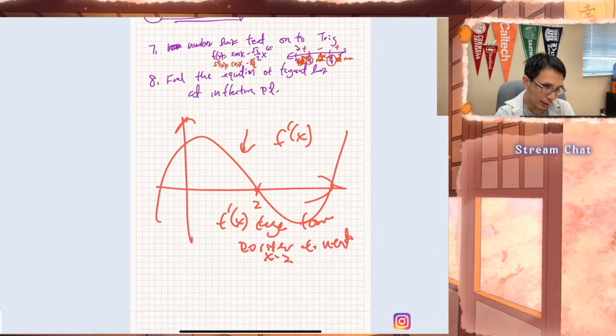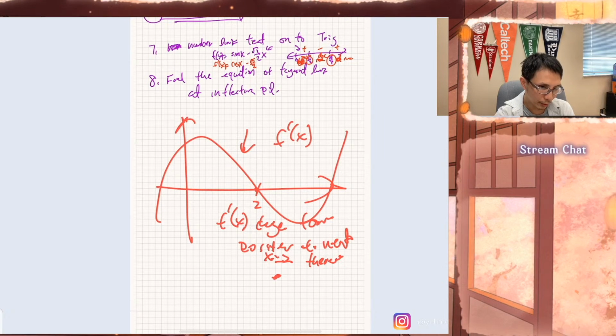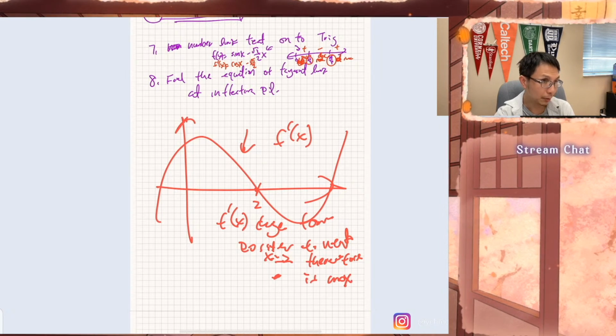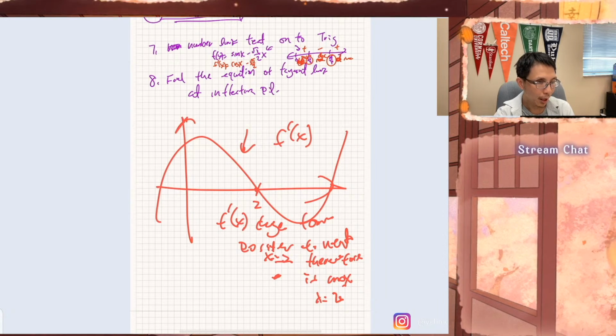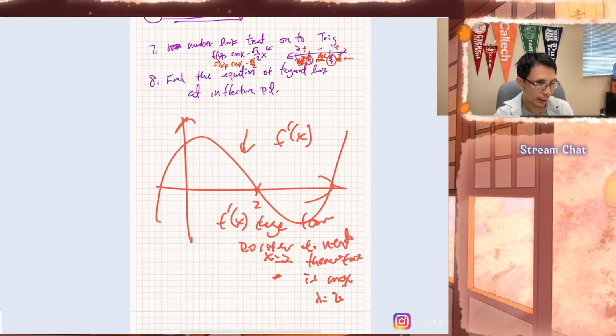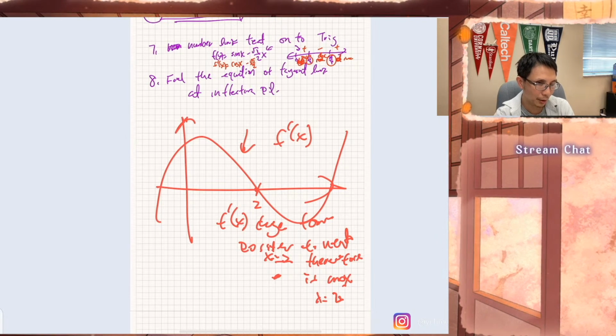So at x equal to 2, therefore it's a maximum at 2. That was really ugly handwriting, but forgive me. Can you say what that says? Okay, it says f prime of x changes from positive to negative at x equal to 2.